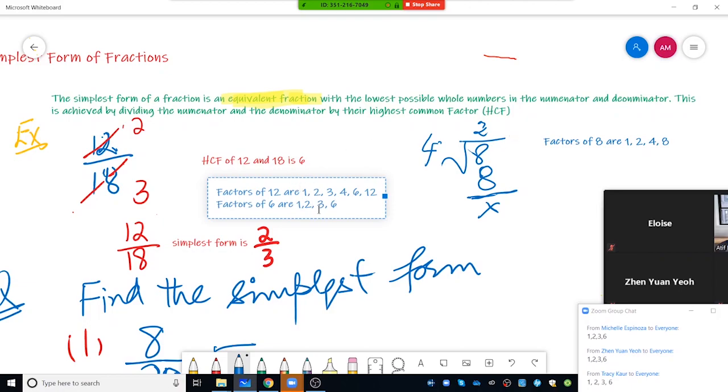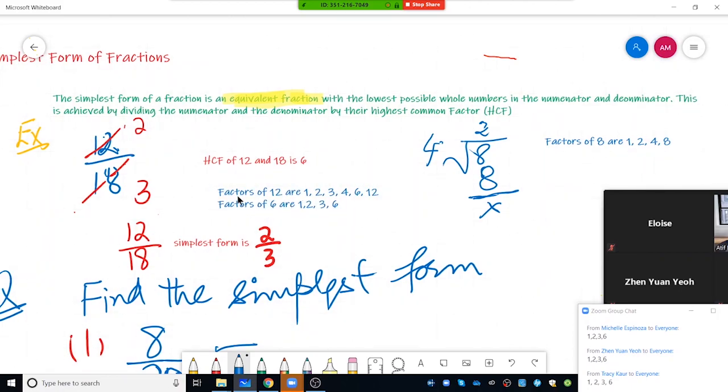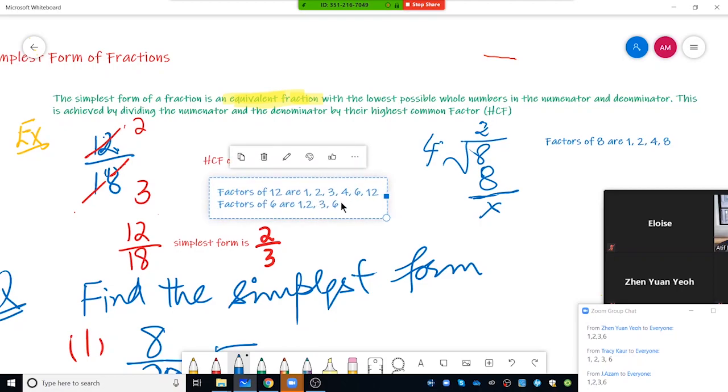Then we have to see what the common factors are in these two. What is meant by this? We see 1 is a factor of both 12 and 6. 2 is also a factor, 3 is also a factor of both 12 and 6, and 6 is also a factor. So what is the highest common factor?